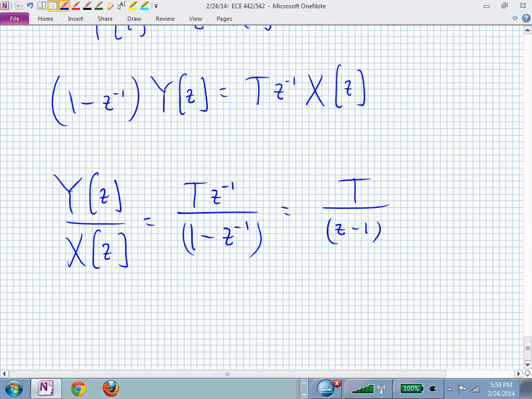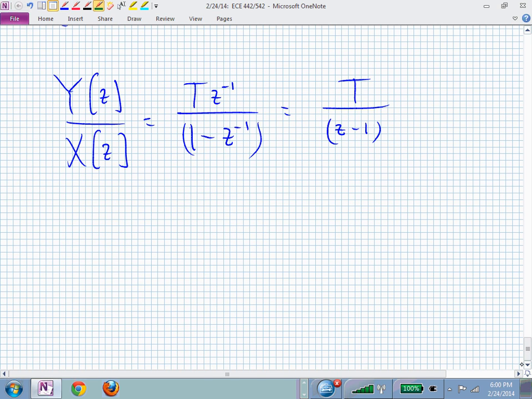Well, we need to find a way to go from s to z. This is now something in the z domain. Let's go back and remind ourselves what we had in the continuous time case.